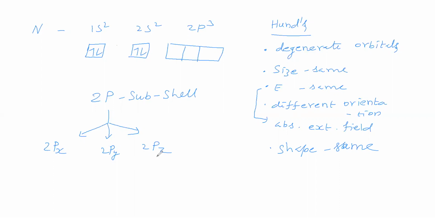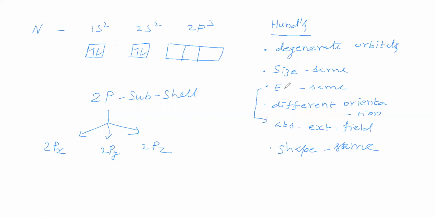What is different is the orientation. 2px has its electron cloud along the x-axis, with maximum probability on the x-axis; the others are along the y-axis and z-axis. If an external field is there, energy becomes different. That is why we have the Zeeman effect and the Stark effect.